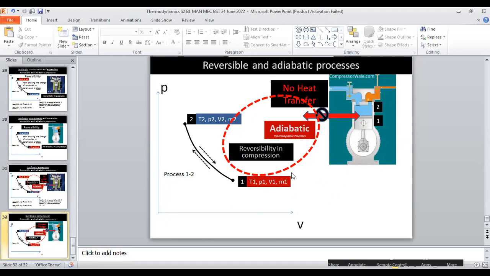So your S1 is same as S2. So you can have your S values here. S2. Small or big, no issue. This one. So S1 is S2.